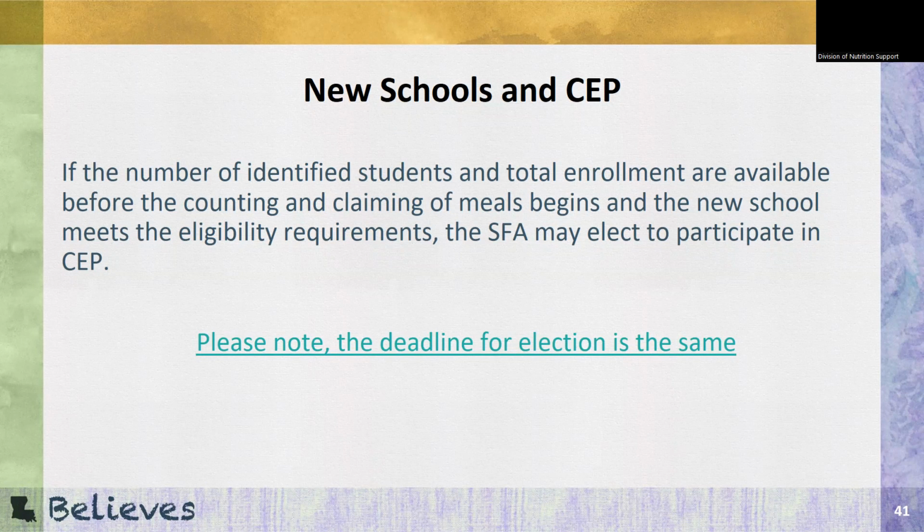If the number of identified students and total enrollment are available before the counting and claiming of meals begins and the new school meets the eligibility requirements, either individually or as part of a group, then the LEA may elect CEP. New schools can elect CEP only if the number of identified students and enrollment are available because the ISP is the basis for claims for reimbursement. Please note the deadline for election remains June 30th for all schools.